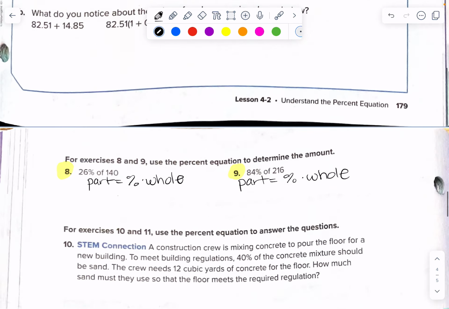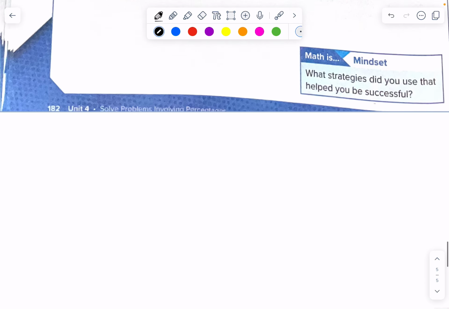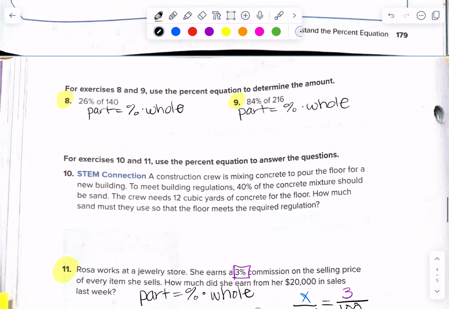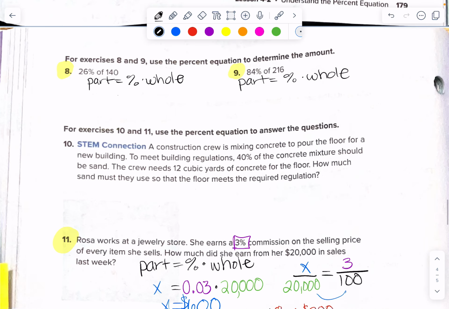All right, we're going to skip ahead to page 182 in your workbook. We have 3 more we're going to do. These problems were actually given the percent and the whole, and so these are really good examples of where I would encourage you to use the percent equation. Our part is equal to the percent times the whole.